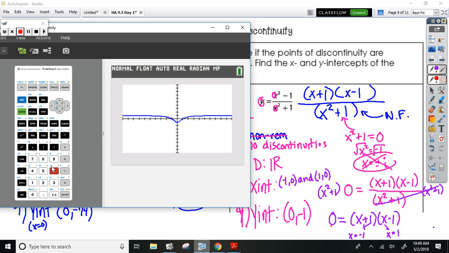Rational functions can get you some really weird looking graphs. Sometimes you can put them together and make shapes by graphing multiples. But you can see, and maybe you guys are like, hey, Mrs. Bennett, I don't want to do all this work, so I'm just going to go ahead and type it in my calculator. Go you. You get a calculator on the whole quiz.